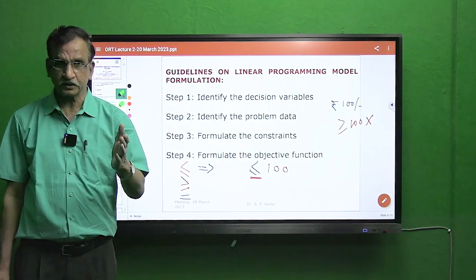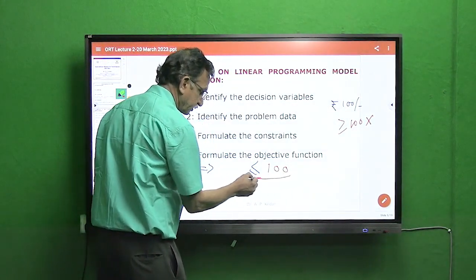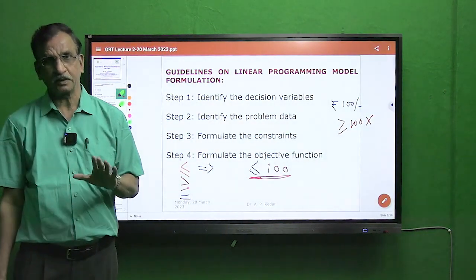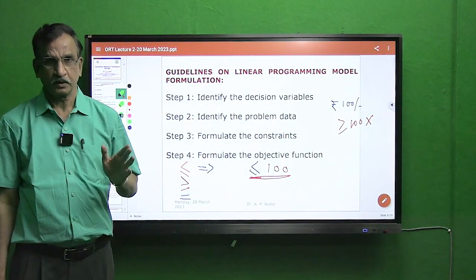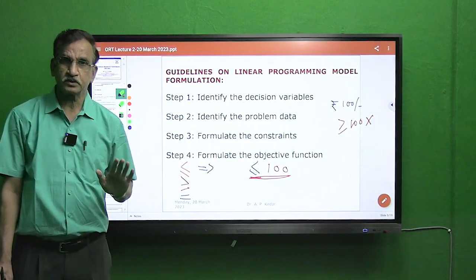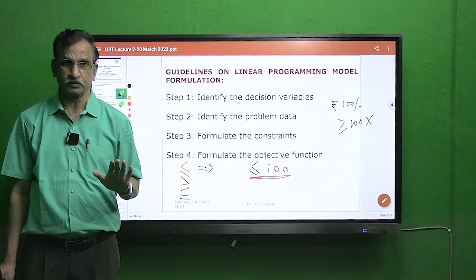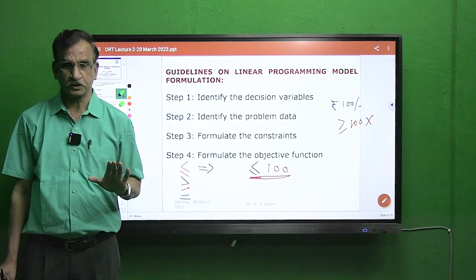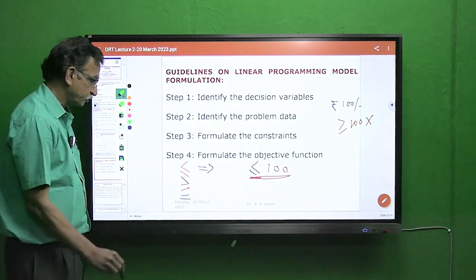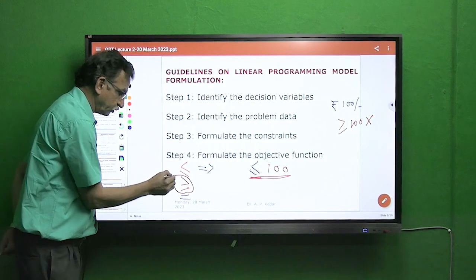Not more than 100 kgs, so maximum is 100 kgs. So again the sign will be less than equal to. So when the plain condition is there, maximum availability, the sign to be used is less than equal to. When it is given in the not more than fashion, again less than equal to. I think the explanation is very clear to you. Now suppose we want to use the sign greater than equal to.